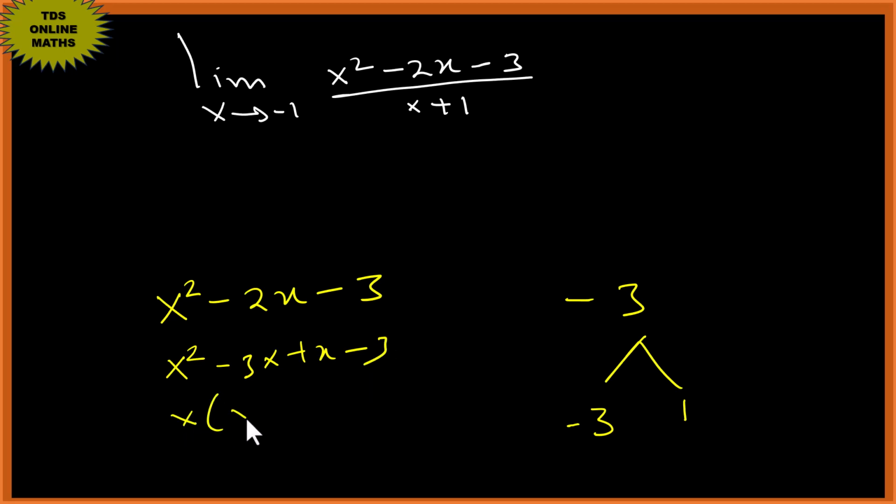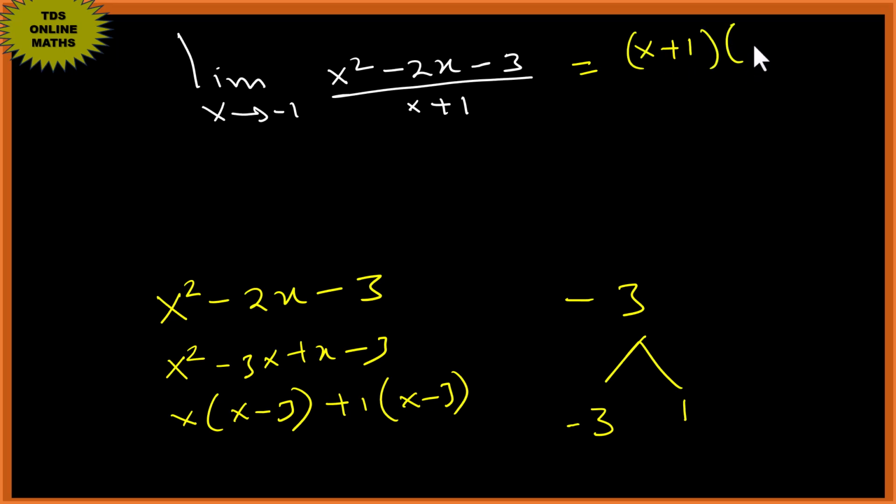Factoring x out, we have x minus 3, plus 1 times x minus 3. So we have x plus 1, then x minus 3, over x plus 1.